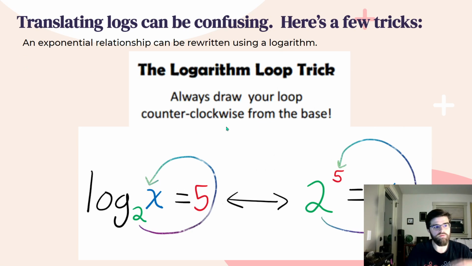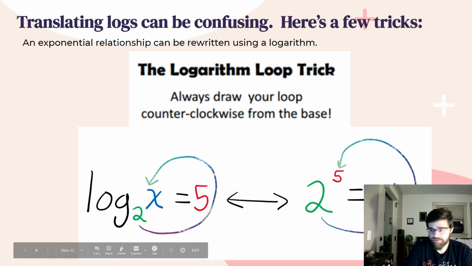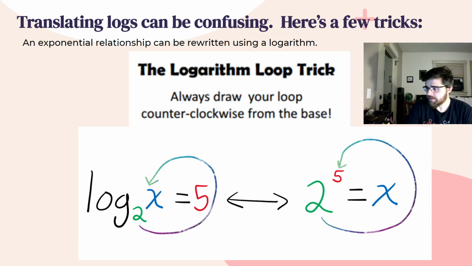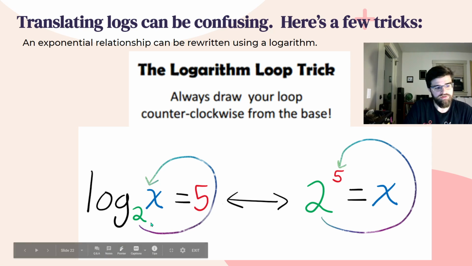Okay, so there's a couple different tricks we can use to help us remember how to translate logs. The first trick is the way I learned it, and that's the way I still think about it, the log loop trick. So it can always be confusing to make sure you're getting the numbers in the right place. So if you start at the base and you draw a loop, you can easily translate from logarithmic to exponential power.